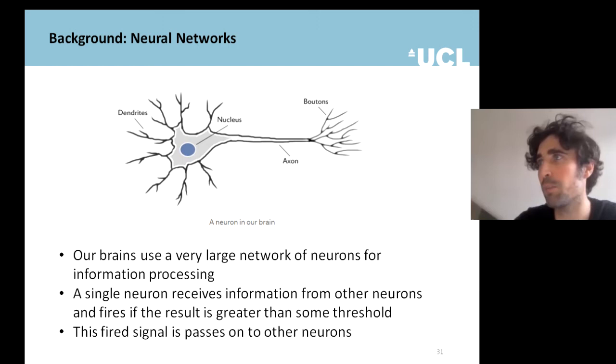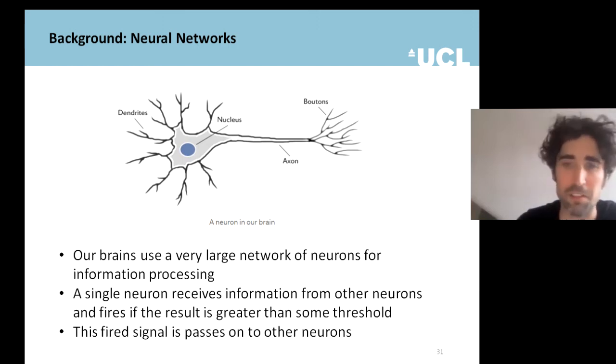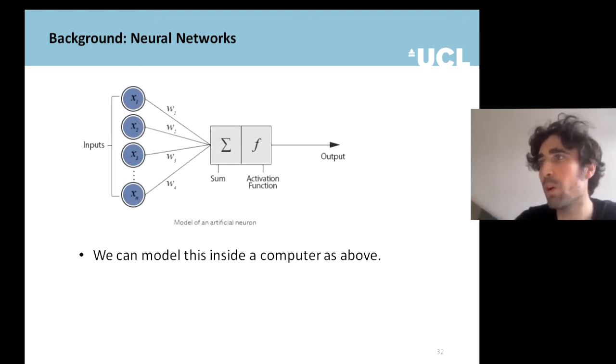This is how the brain essentially passes information around at a very high level. And we can model this inside a computer as above. These are the inputs from the other neurons. This is the part of the neuron that actually makes the decision, and here is the output, which passes the decision on to other neurons.